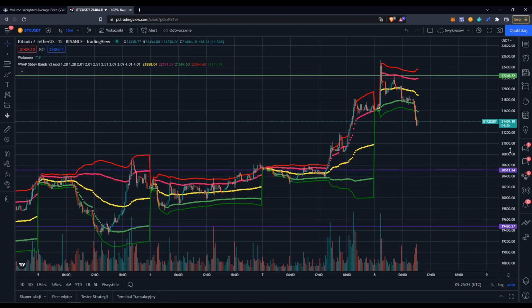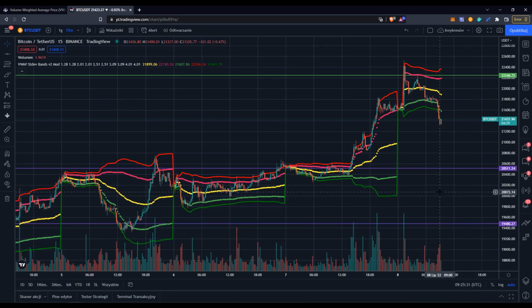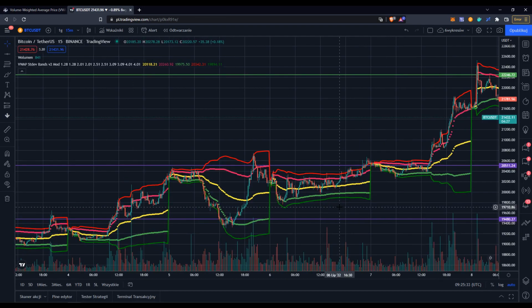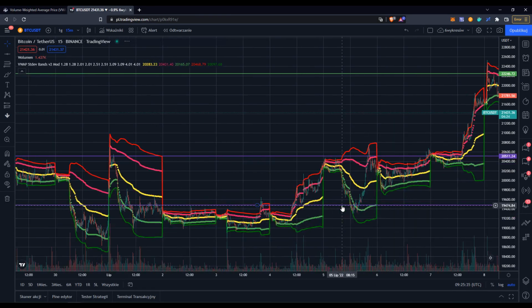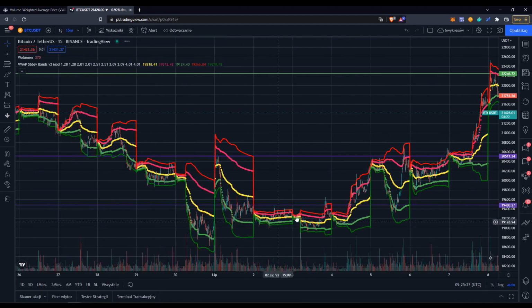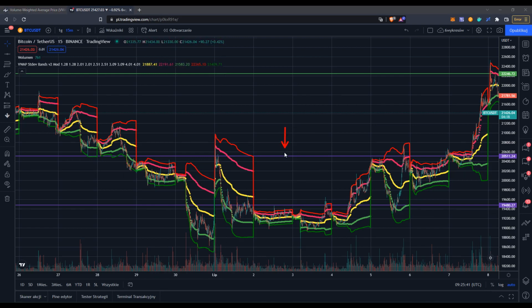I have to make it visible for yourself, right? So in that case, let's have a look at what we have. As you can see, especially when we were trading below this first intraday supply, all right?